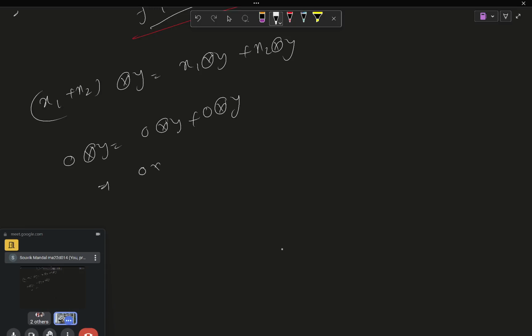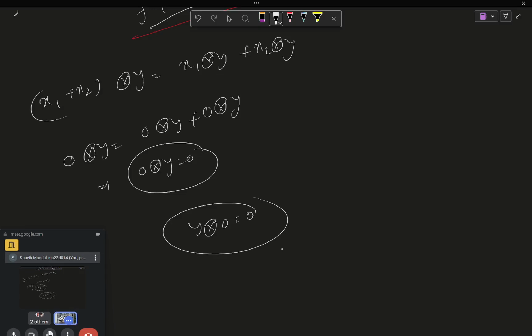This implies 0 tensor y is equal to 0. This is one relation. It is some kind of obvious thing we should have, right? Similarly, we will get y tensor 0 is equal to 0. Okay.